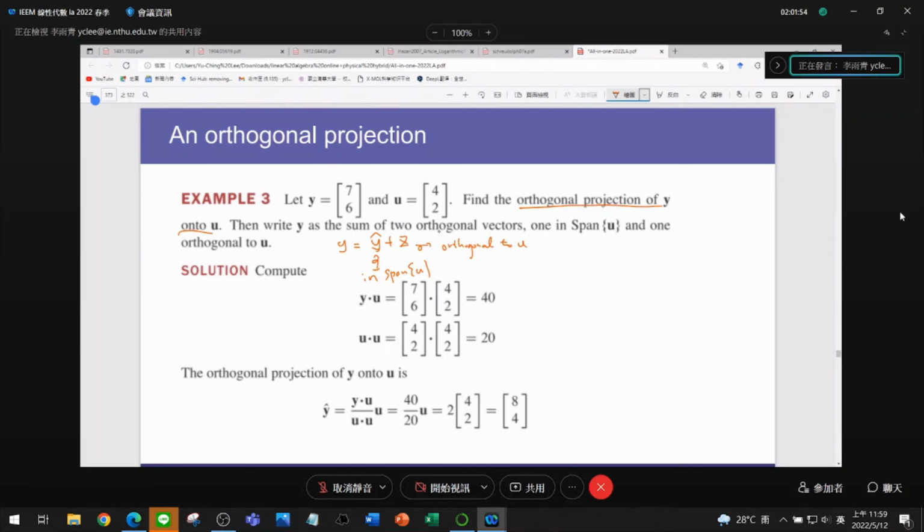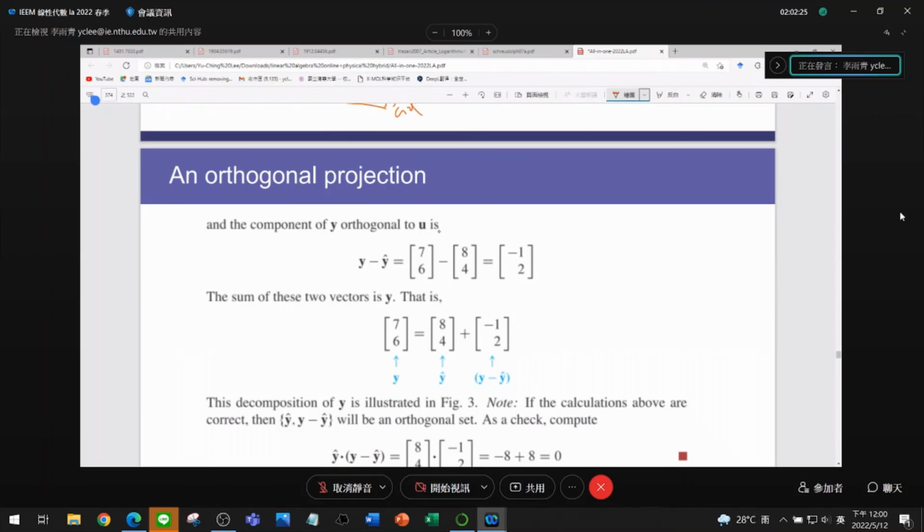So we are required to use this formula. So this is the formula you should use. Y hat equals the inner product of y and u divided by u and u inner product. So this gives us 40 divided by 20 and then times the vector u. So we can calculate y hat equals the vector 8, 4.